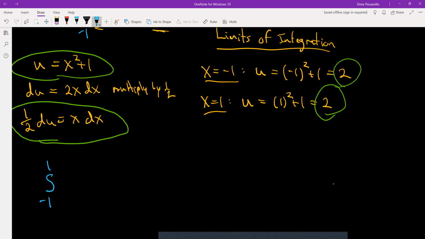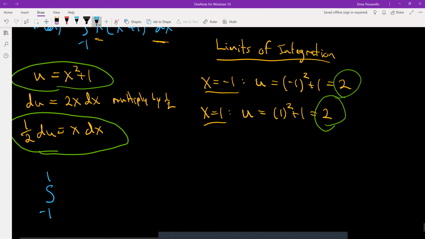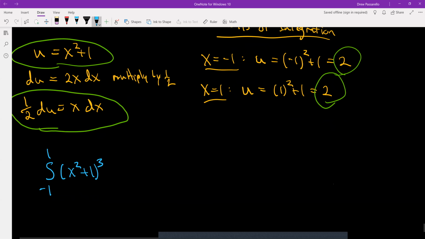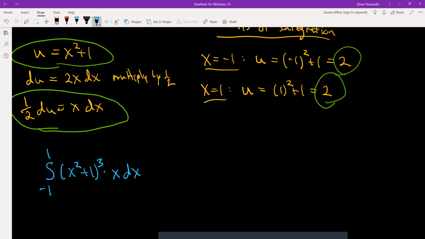And then I'll reorder it. So, and this is a preference thing, I like to put what u is first. And that was x squared plus 1, and then cubed, and then I put the x dx. All right, so substituting stuff in.